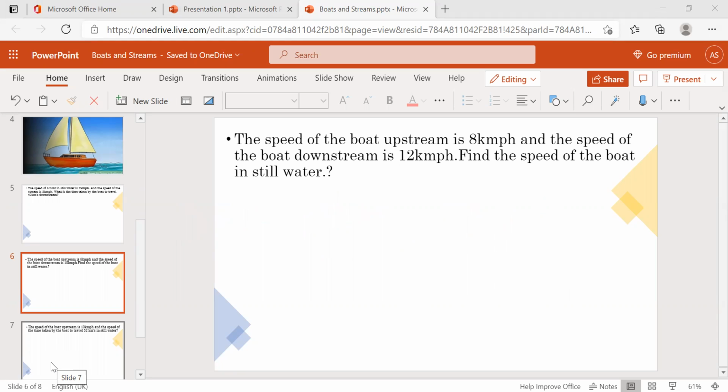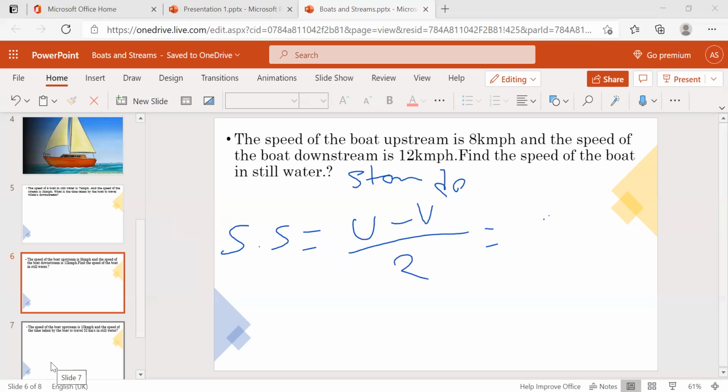The same problem, just find the stream speed. What's the stream speed? We know that the stream speed is nothing but upstream minus downstream by 2. The upstream is 8 kilometers. What's the downstream?